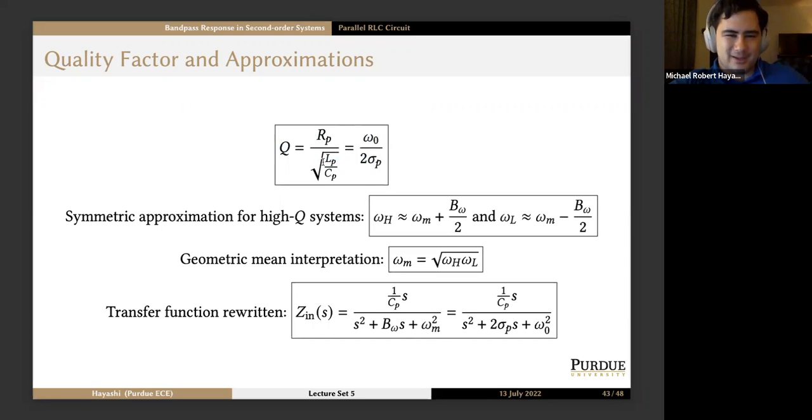I specifically wrote it this way because I think it'll relate more to ideas we encounter later on if I write it as the square root of L sub p over C sub p as one quantity, rather than flipping it around and saying R sub p times the square root of C sub p over L sub p. This is definitely going to serve you well later on if you calculate these ideas separately.